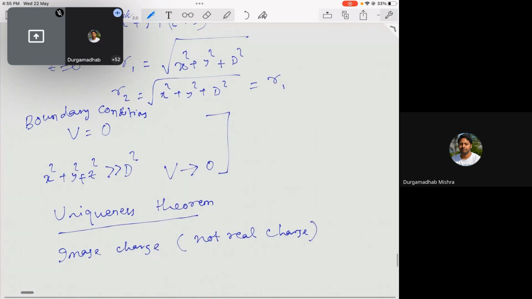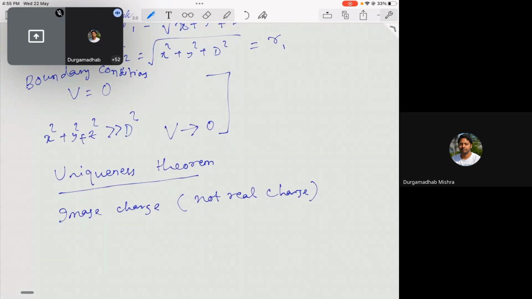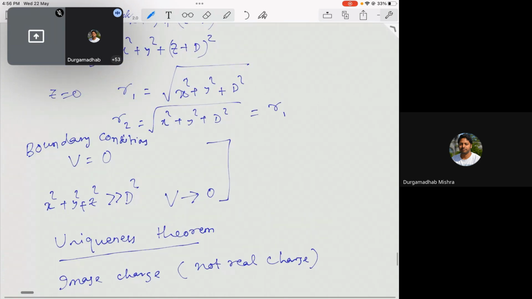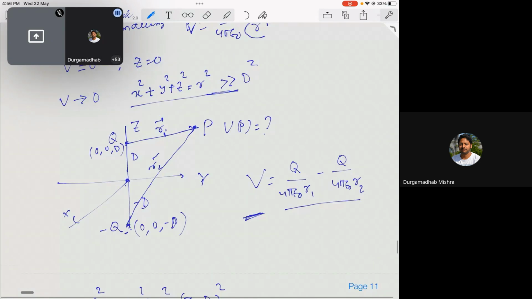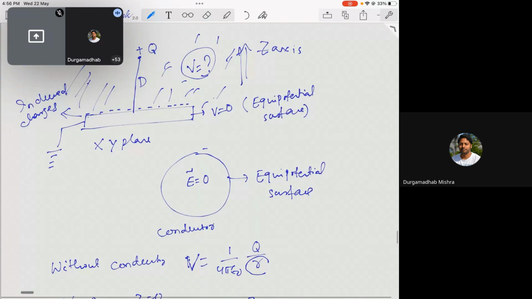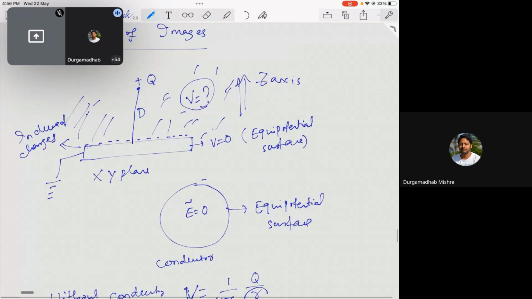This method, which we call the method of images, has made life simpler, because we don't need to really solve the differential equations, which can be tedious in this case. One thing I should emphasize is that this solution is possible only if we want to find V above the conductor.